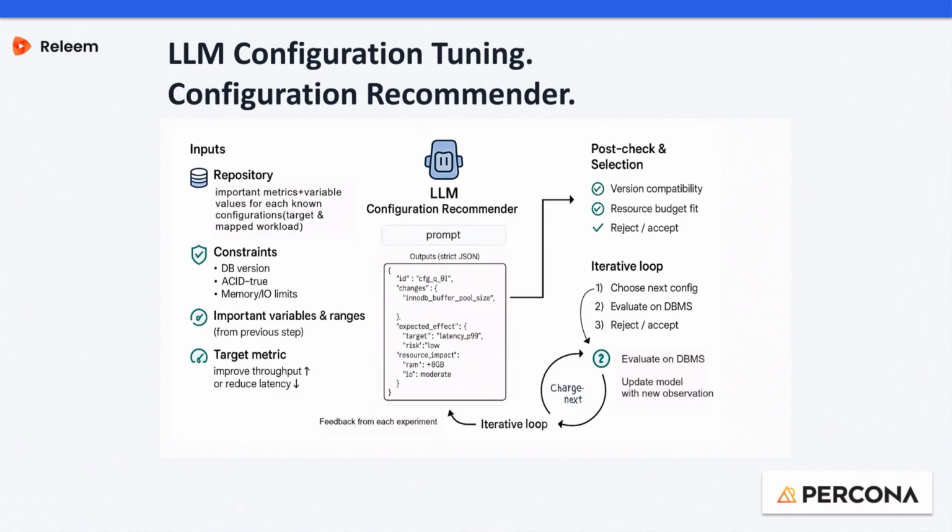The model outputs strictly formatted JSON with 1 to 3 candidate configurations, including expected impact on the objective, risk assessment, and resource effects. Each candidate undergoes post-checks for DBMS version compatibility and the target server's resources. We estimate each candidate's utility, expected improvement, and choose the next configuration with the maximum improvement in the target metric.